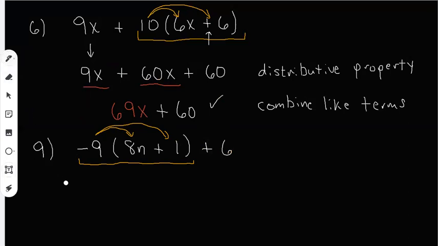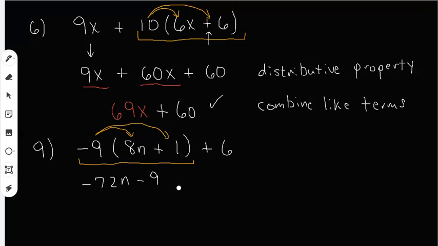Okay? All right, so I need to multiply negative 9 by 8n. When I do that, I get negative 72n, right? That's pretty easy. I'm just multiplying the negative 9 by the 8, and then I attach the variable n at the very end. The next thing I have to do is multiply the negative 9 by the positive 1. And when I do that, I get negative 9, since anything times 1 is just going to be what you started off with.